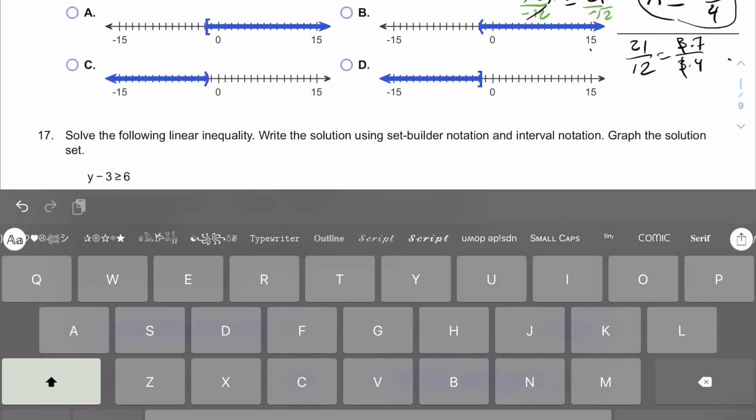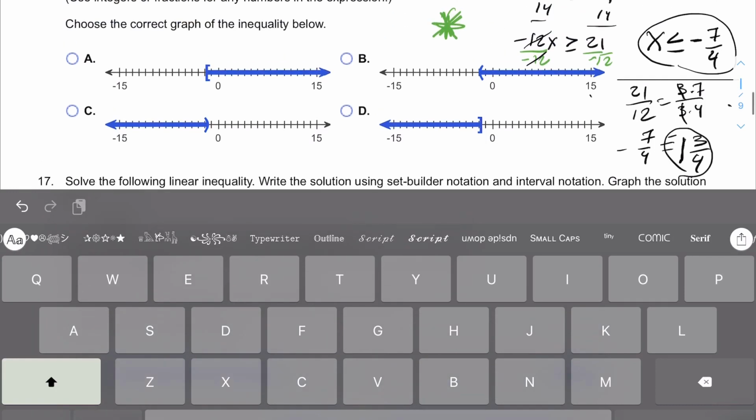I don't know what the heck I just did, but anyways, this 7/4 can be written as a mixed number, right? 4 goes into 7 one time with 3/4 left over. So what I'm trying to show you in this problem is that when you're graphing, the mixed number negative 1 3/4 is easier to graph than negative 7/4.